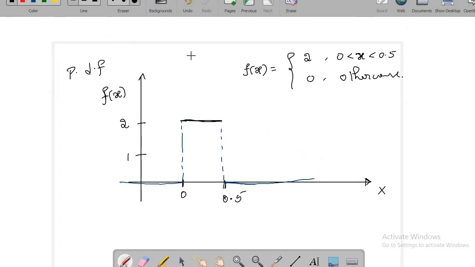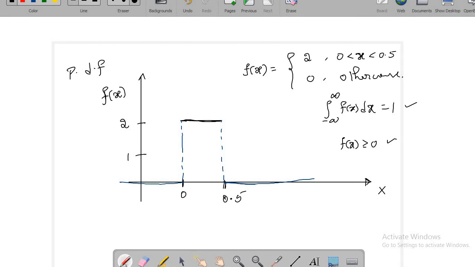And you can see that this function exactly satisfies all the properties of a probability density function. The integral from minus infinity to infinity of f of x dx gives you 1, and f of x is greater than or equal to 0. These are the two things I needed for a density function. So now this is a probability density function of a random variable.